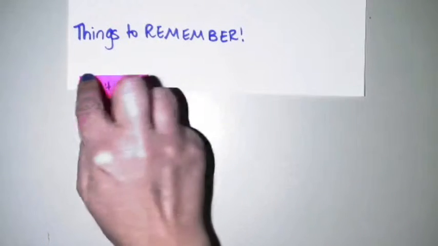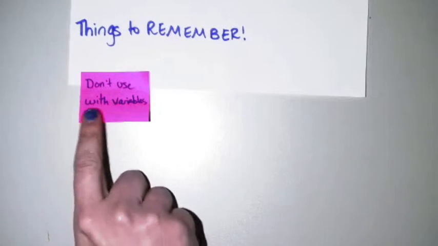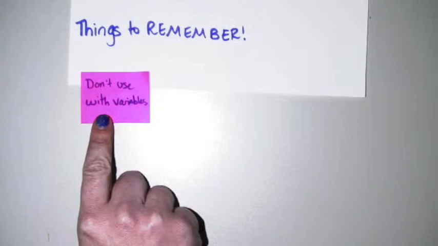There are a few things you want to remember when you're using lattice method. Lattice method is a very good method for multiplying, like we said earlier, whole numbers and decimal numbers. So only use it with whole numbers and decimal numbers. What that means is we don't want to use lattice method with a variable. Variables are those letters that we use sometimes in equations.